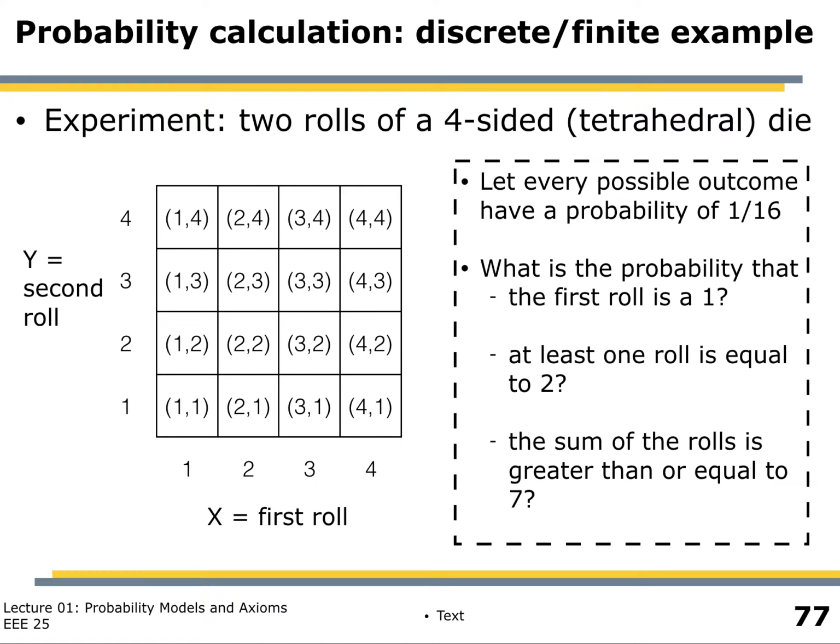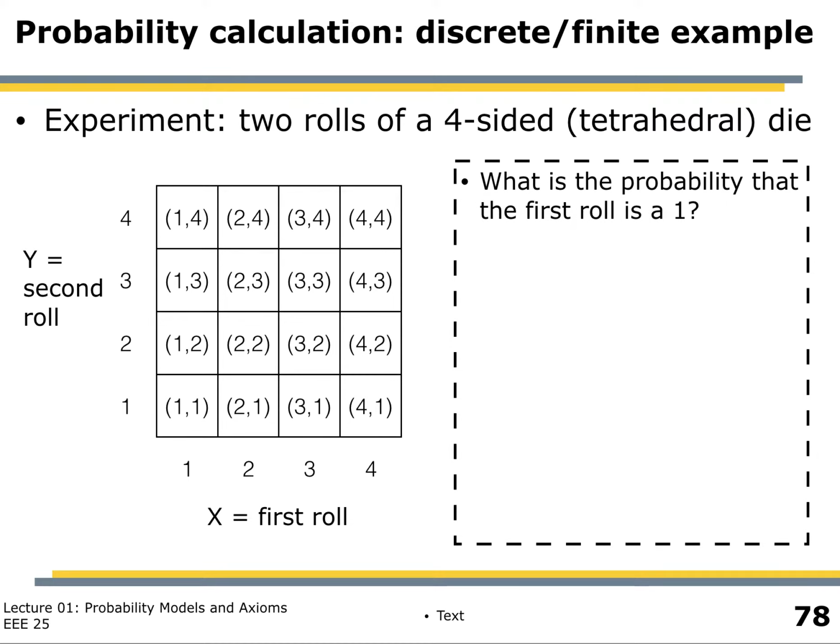To answer these questions, all we need to do is look at our sample space and look for outcomes that satisfy or fit the description stated in the question. And to illustrate, we start answering with the first question. So here, what is the probability that the first row is a 1?